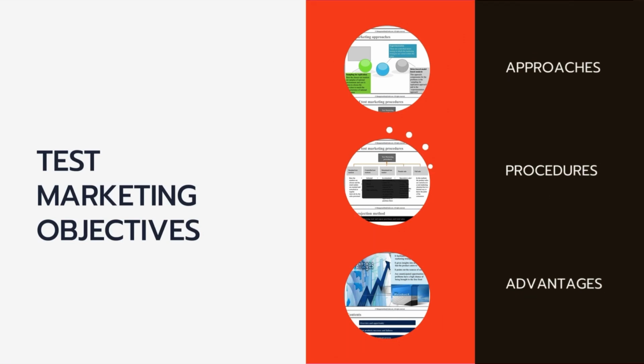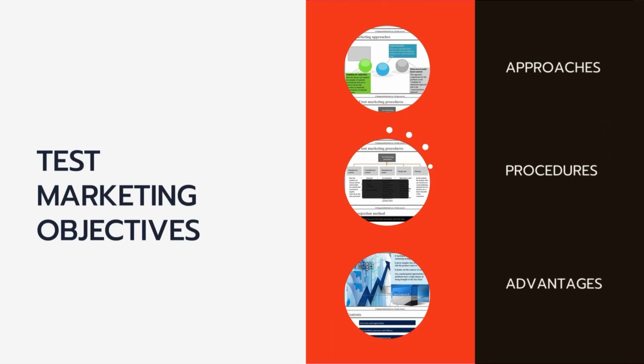Now, what are the types of test marketing procedure? There are, first, the standard test markets. Second is the controlled test markets. Third is the stimulated test market. Number 4 is the pseudo sale. And number 5 is the full sale. Paano ginagawa yon?